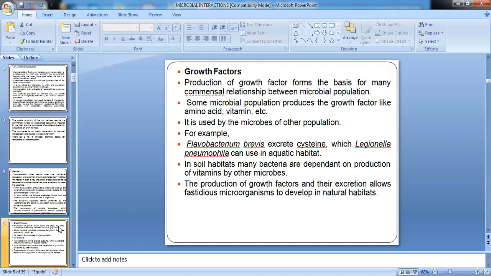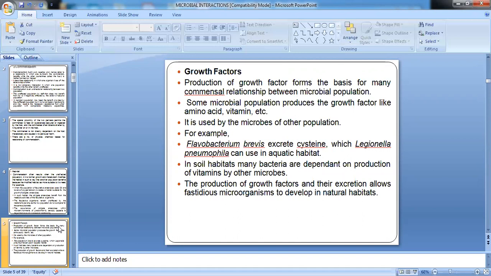This type of growth factor can be used by other microorganisms of the population. For example, Flavobacterium brevis excretes cysteine. This cysteine is a sulfur-containing amino acid, which is used by Legionella pneumophila in an aquatic habitat. So Flavobacterium is the host, which excretes cysteine in its normal metabolic capacity. This cysteine is a growth factor for Legionella.